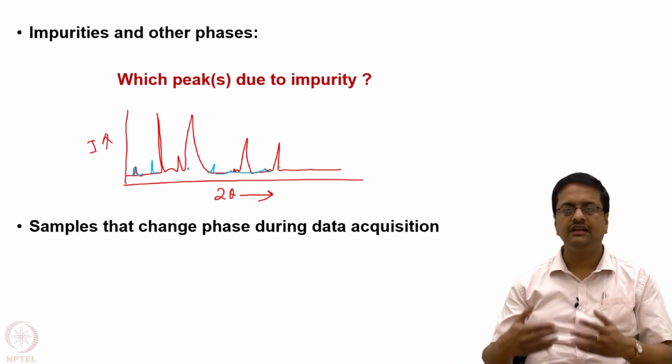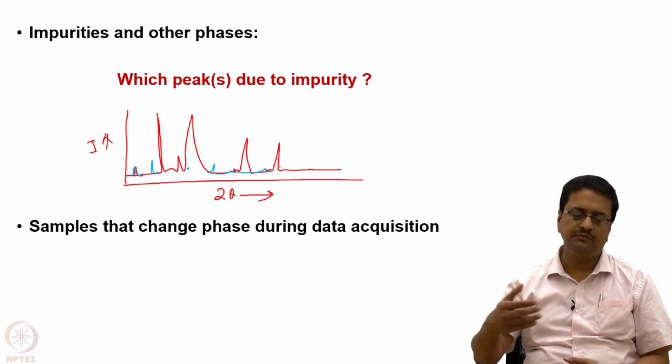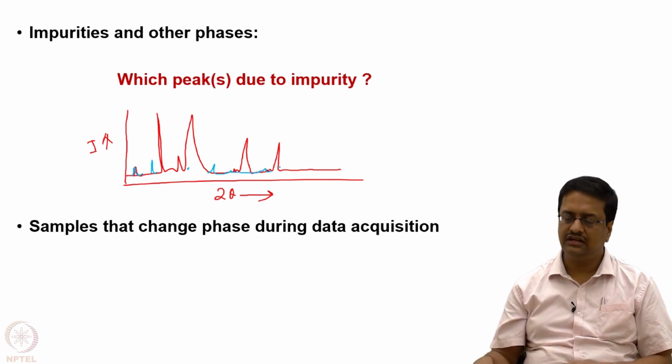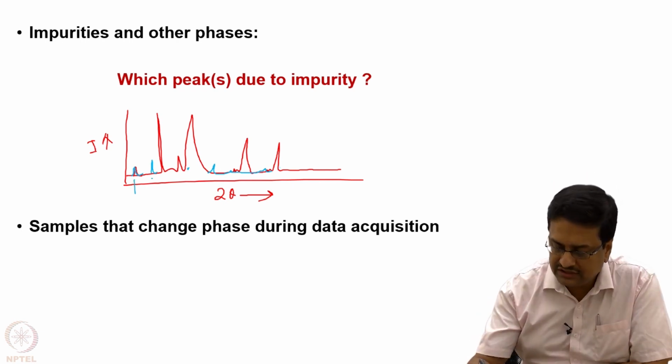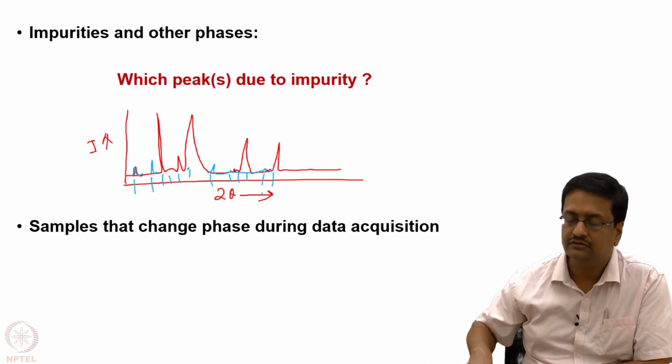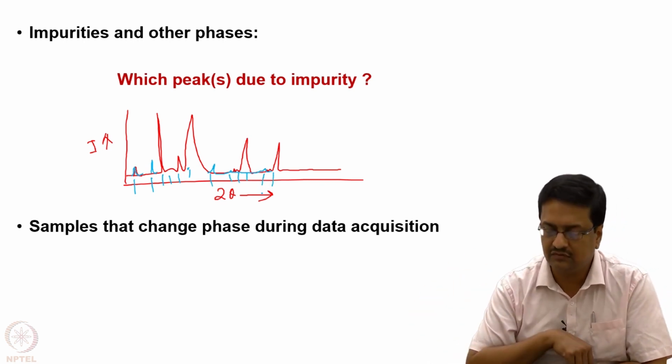So at the beginning, we will not know that the sample is not pure. So in that case, what we would do is pick up all those peaks that have appeared and then throw them into a computer program to solve those simultaneous equations.